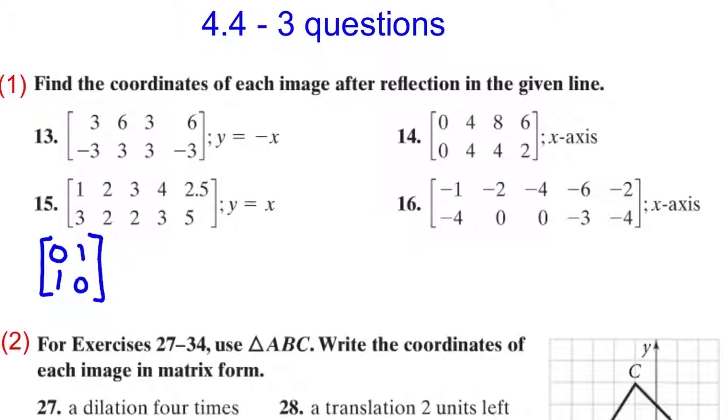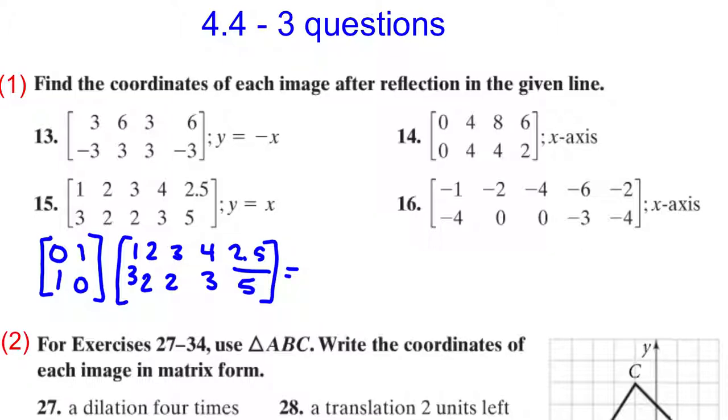And then I need to multiply this reflection matrix to my coordinate matrix. So then we have 1, 3, 2, 2, 3, 2, 4, 3, and then 2.5, 5.